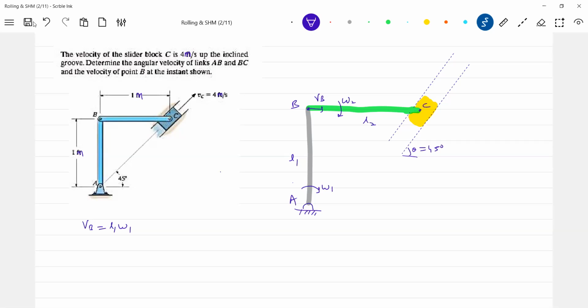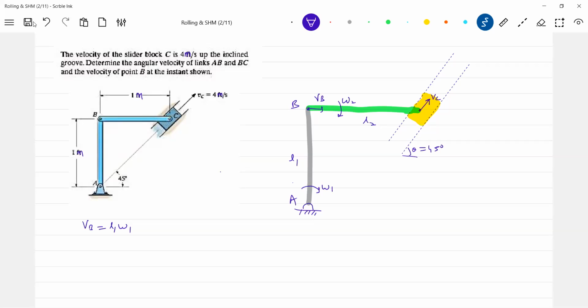The velocity of point C is this one. So this is only for the constraint equation.